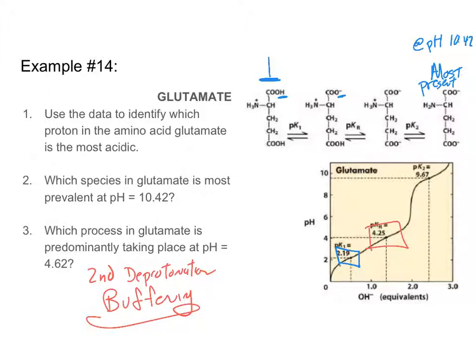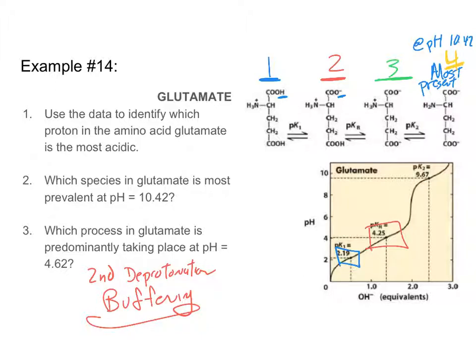Do you follow that so far? And then this would be the structure after some base is added, and this would be the structure after some more base is added, and then this would be the final structure after more and more base is added.